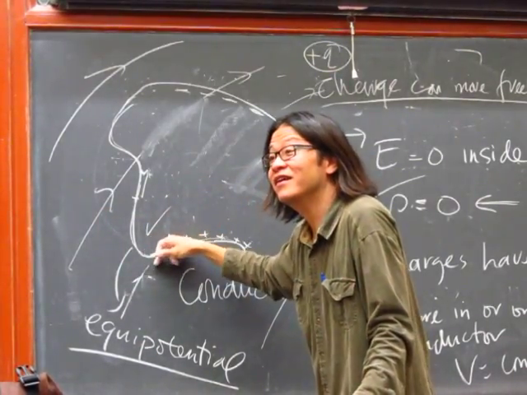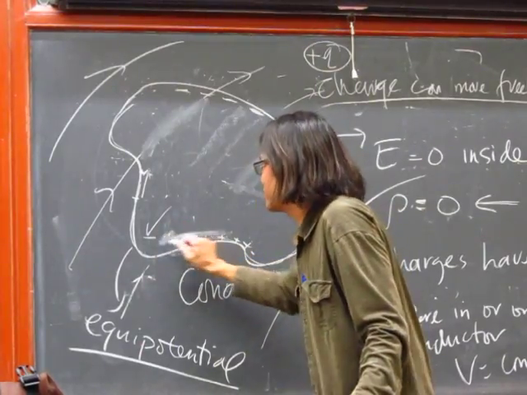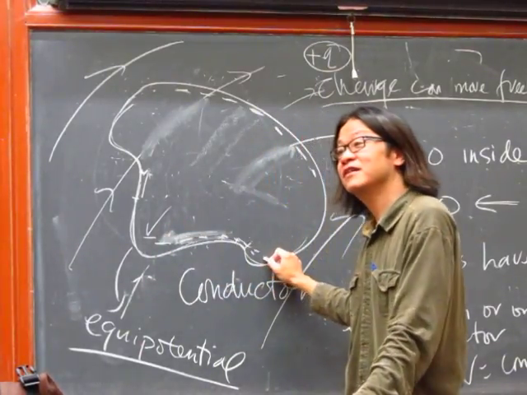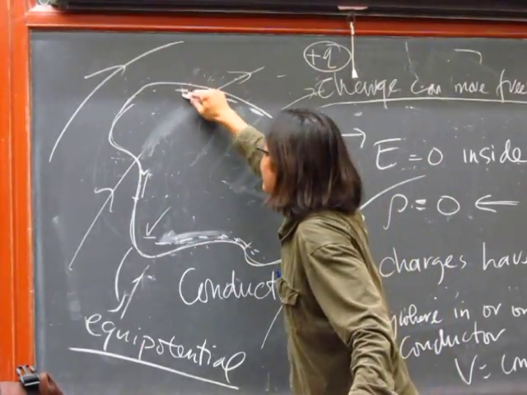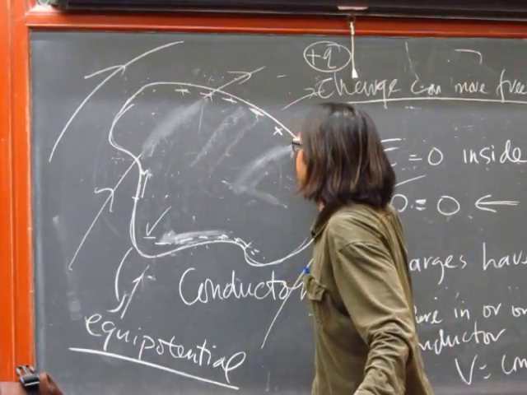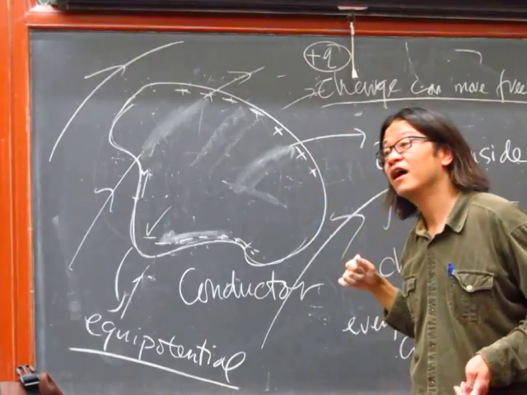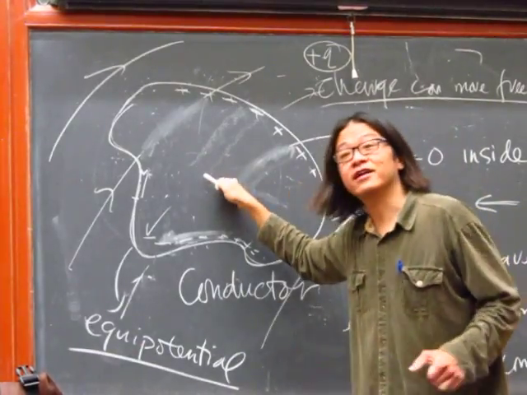They have to stop at the surface, and because the conductor is neutral, that leaves you with positive charges everywhere else. But the charge inside has to be equal to 0.